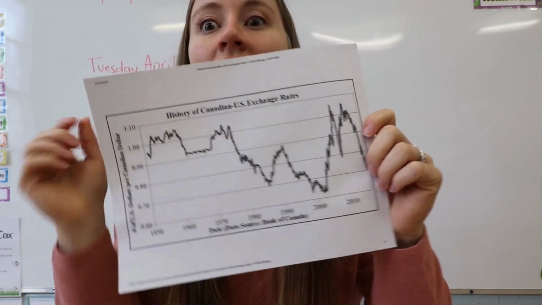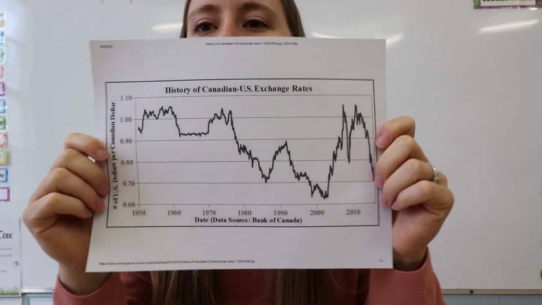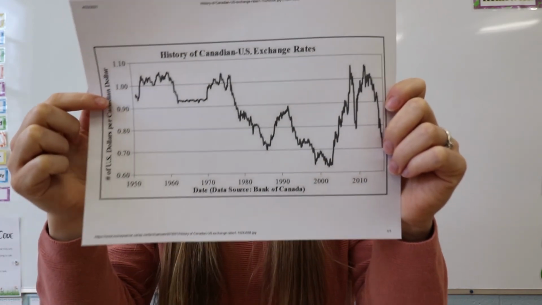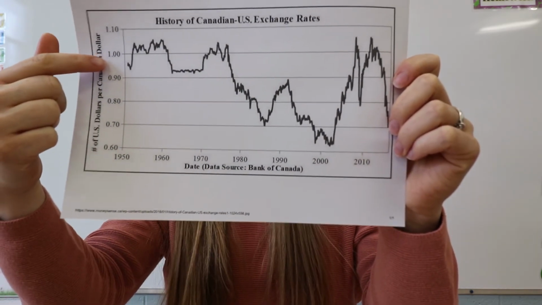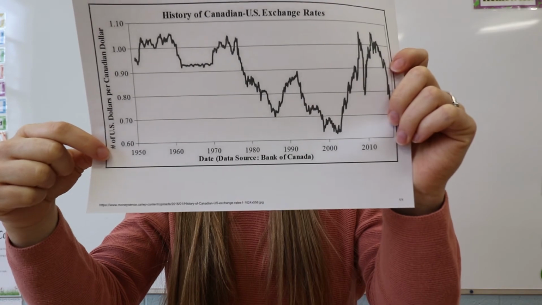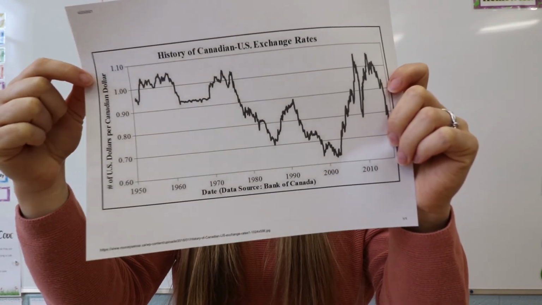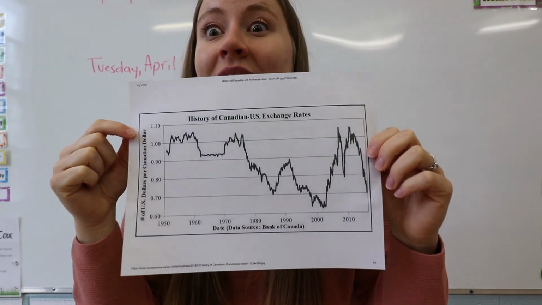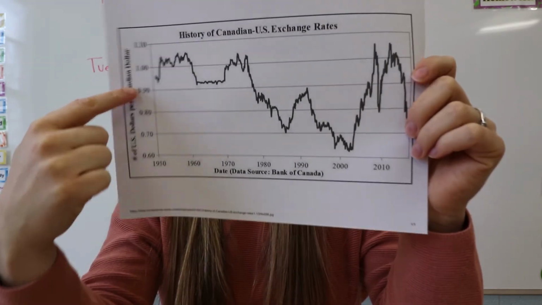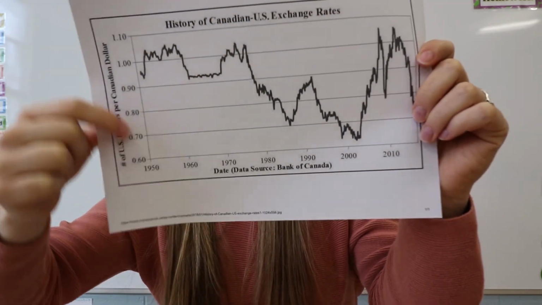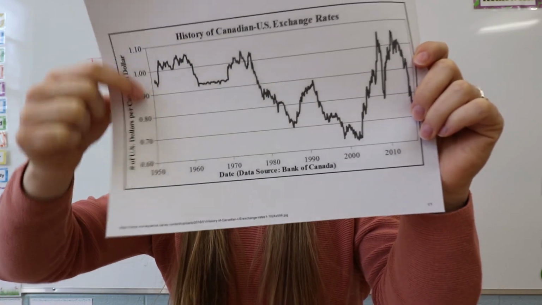So how much our dollar is worth compared to the States. So historically, and you can see the scale here is the number of US dollars per Canadian dollar. So that's giving us the rate, which is another unit, okay? And our scale is about 10 cents difference, okay?